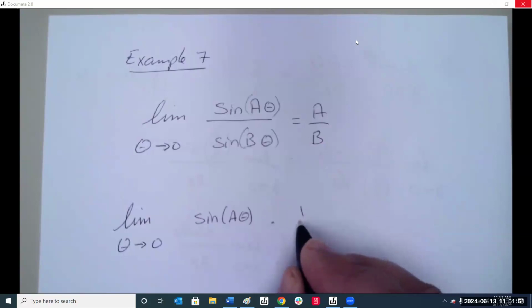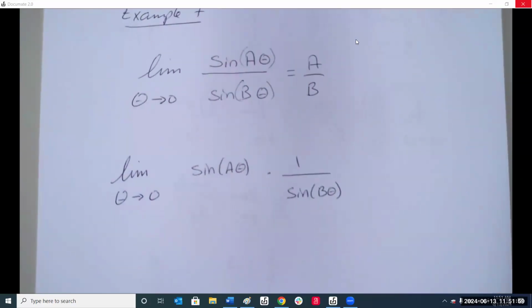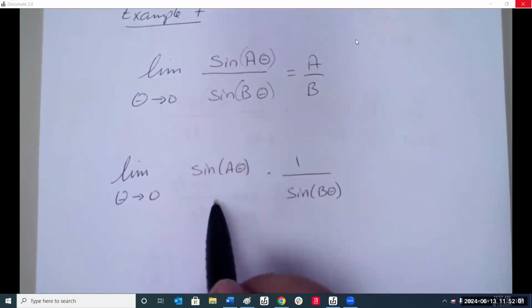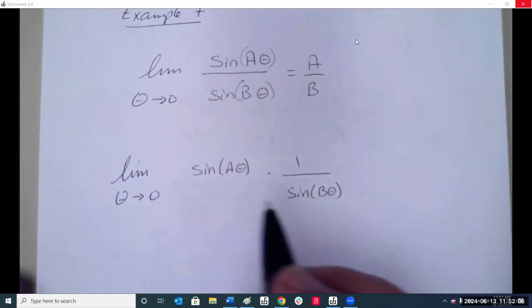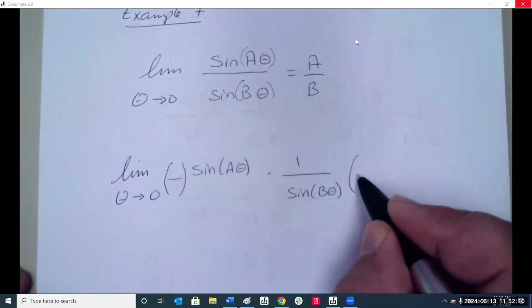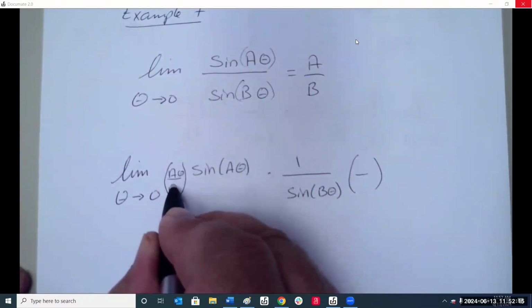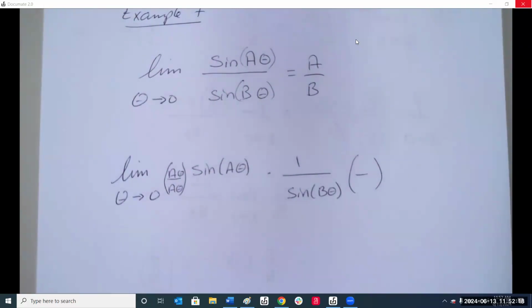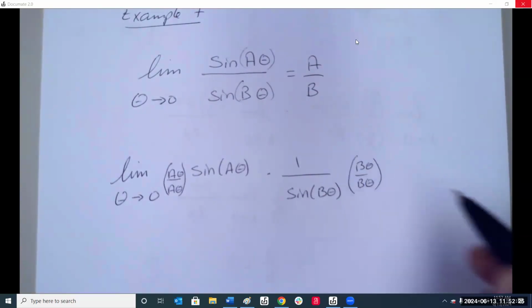And then we have 1 over sine B theta. What does this one need so we can use a theorem? And what does this one need so we can use a theorem? With this one, we can multiply A theta over A theta. And this one, we could do B theta over B theta.